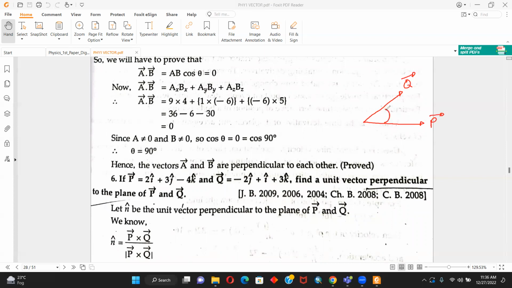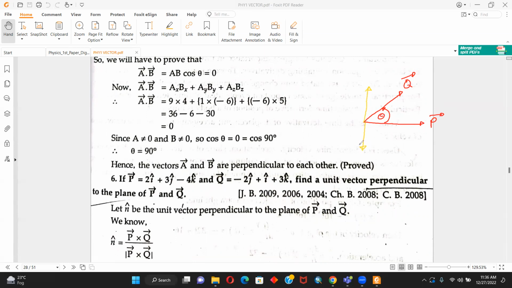Now, if this is the angle, this is theta. How did we show the direction of the cross product? We showed it like it could either be coming towards us from the screen of the laptop, or going inwards towards the laptop screen.